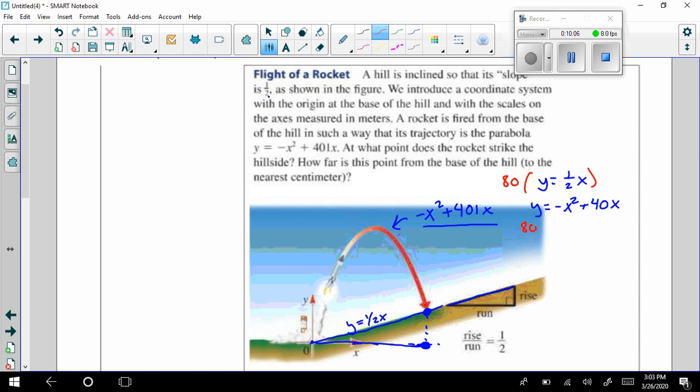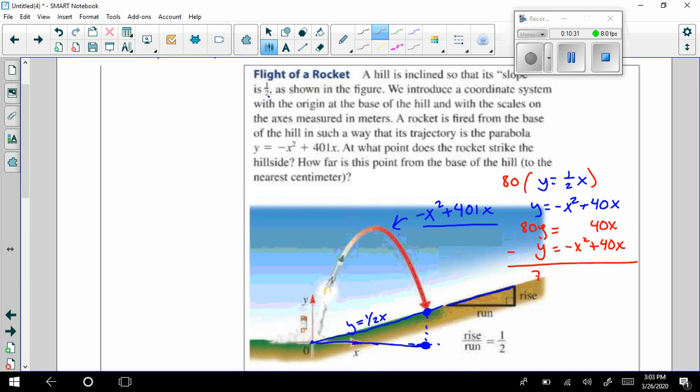So 80y is equal to 40x, and the other one won't change, so I'm going to put it underneath. And then subtract.